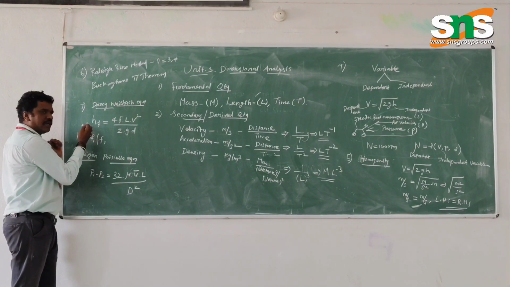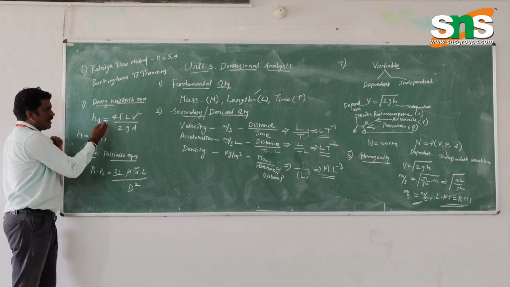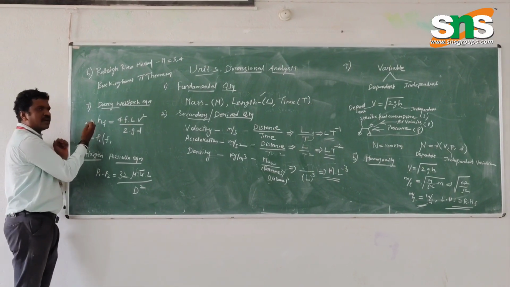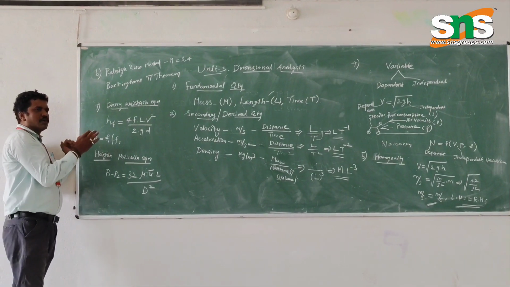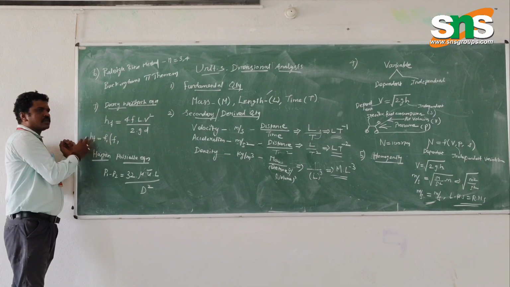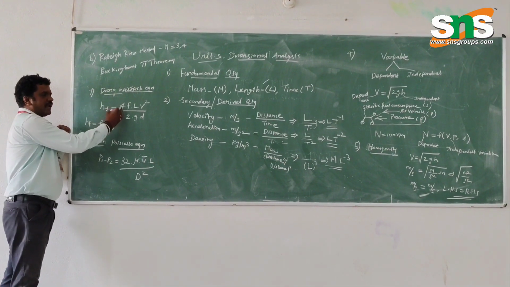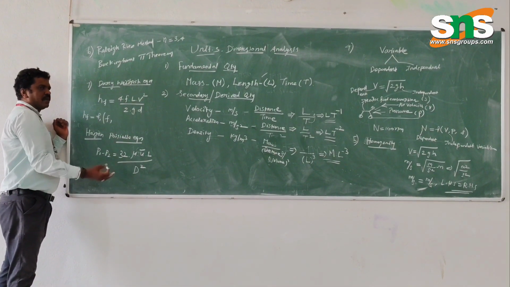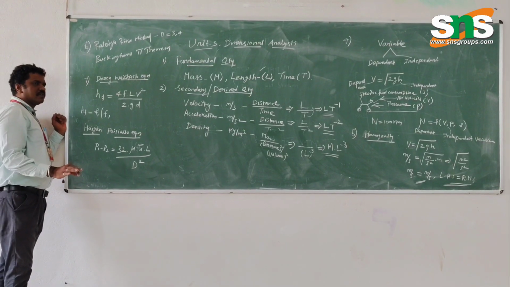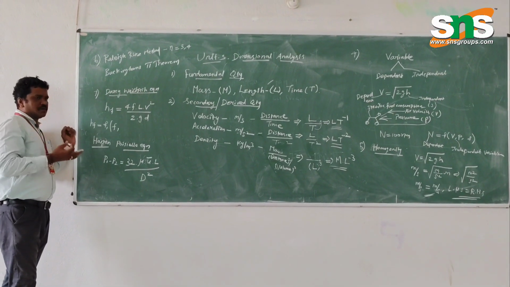Whenever you take any equation, the terms on the left-hand side are called dependent variables, and the right side of the equation has the independent variables. That is a simple thing you just want to remember.